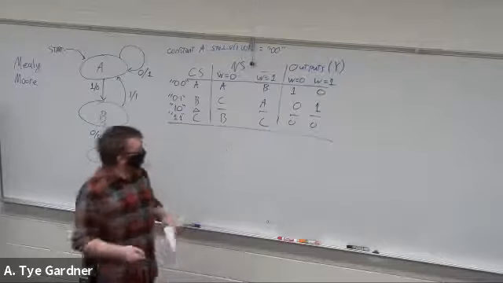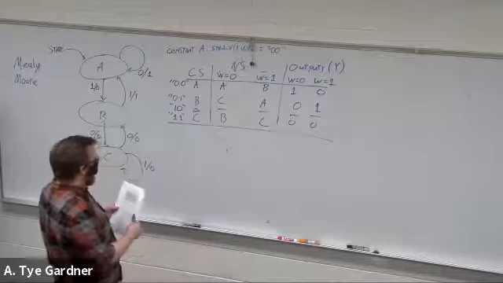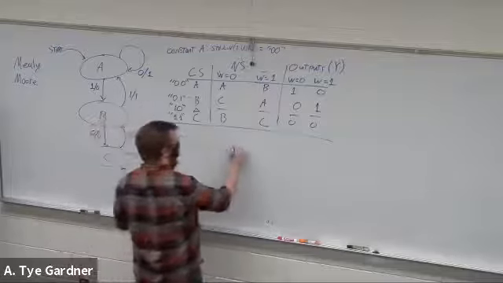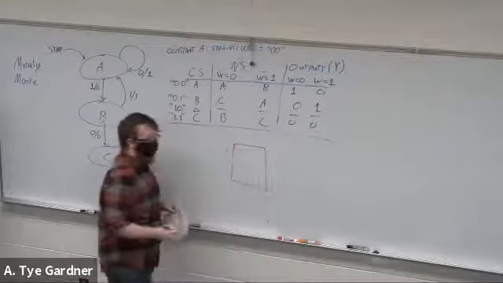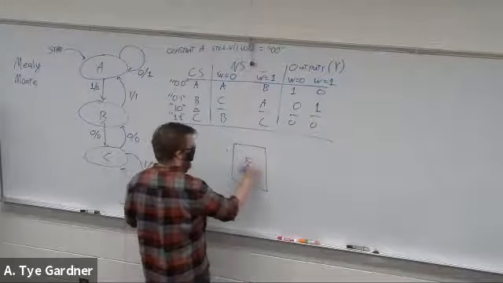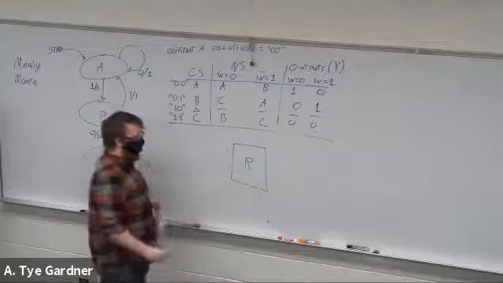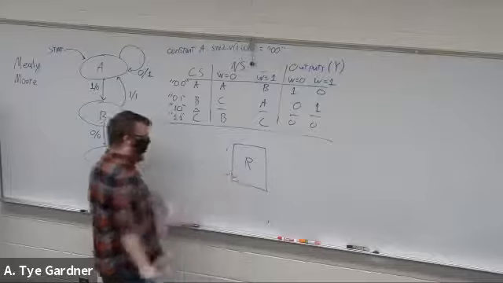Now, this is actually a fairly easy to draw concept. So let's start with that state register. I'm going to call it the state register R. Where are we now? It is sequential logic, so it has a clock.